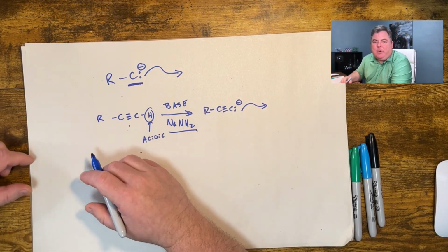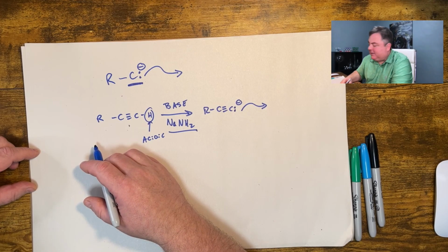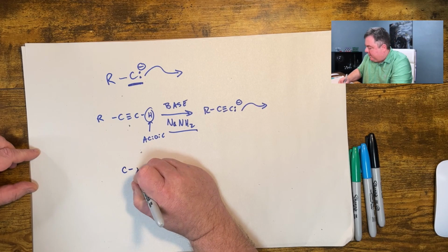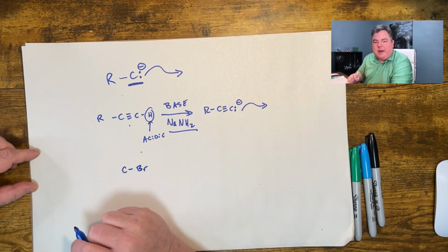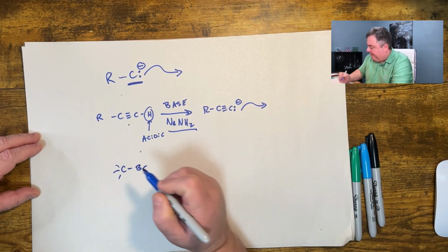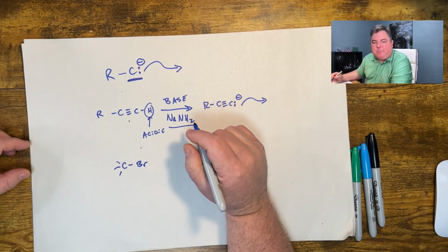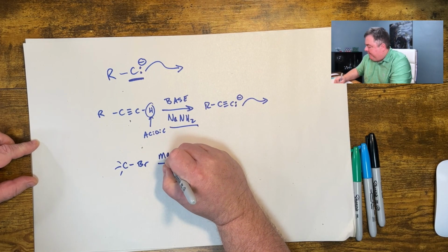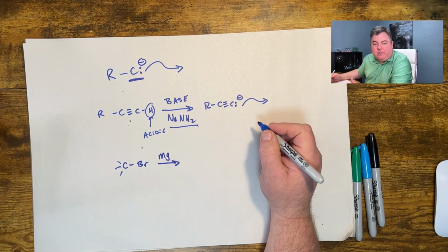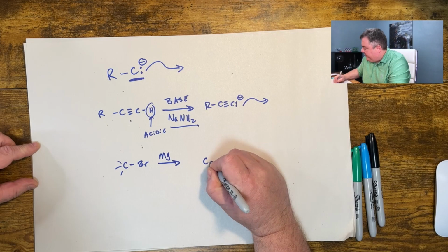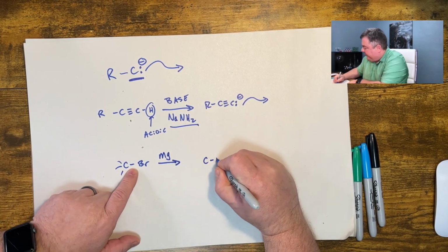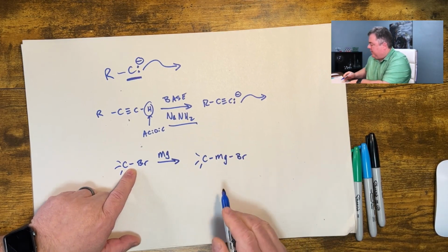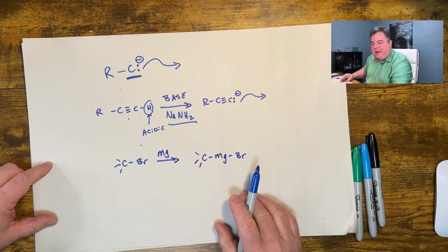Another very common way of making these negative carbon atoms, these carbon nucleophiles, is to take a carbon atom on something with a good leaving group like a bromide. And if you add magnesium metal, the magnesium inserts inside of this bond to make a magnesium bromide.